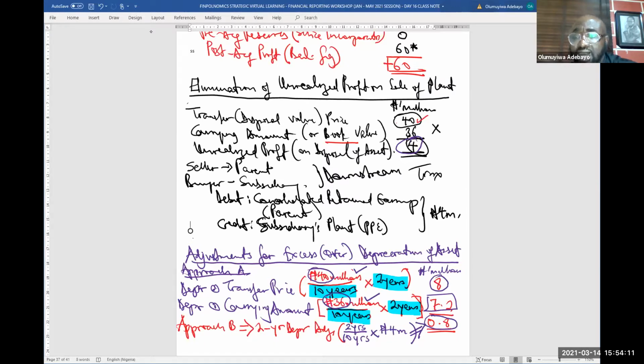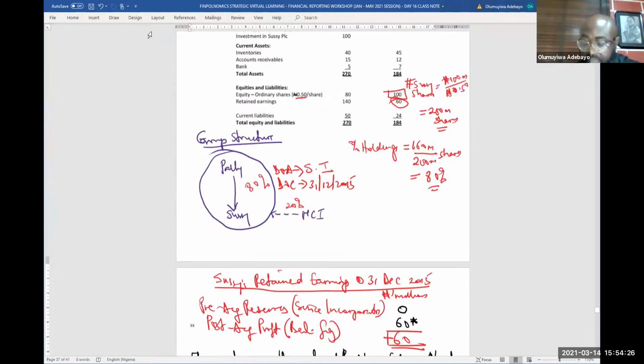We reverse that excess of 800,000 in order to restore the profit of the subsidiary by increasing the profit by 800,000. And invariably doing so, NCI and the parents will rejoice because it's like we are dashing them more money to share. In what ratio? 80-20.